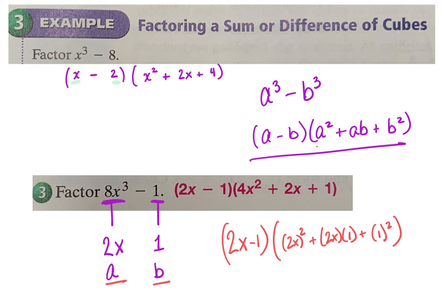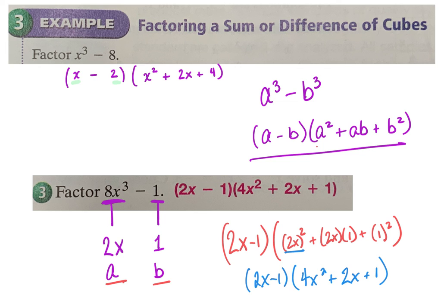My rule for squaring is I square everything on the inside. (2x) squared is 2x times 2x. That is 4x squared. So I'm going to leave this alone. I'm going to simplify this. (2x) squared is 4x squared. 2x times 1 is 2x. 1 squared is 1.